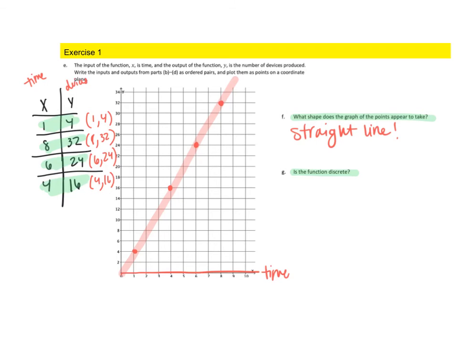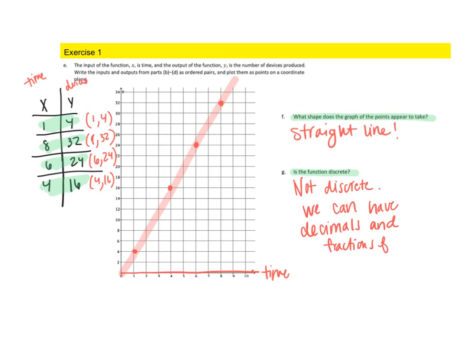Could you go 4 3/4 of an hour? Absolutely. So this is not discrete. We can have decimals and fractions for our x. Okay, check your work with mine. Ask me any questions before we move on.